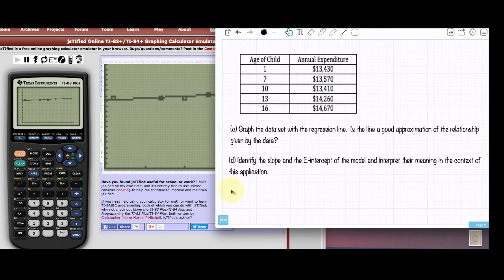Okay, and now you can see part D. Part D says identify the slope and the Y-intercept of the model and interpret the meaning in the context of this application.